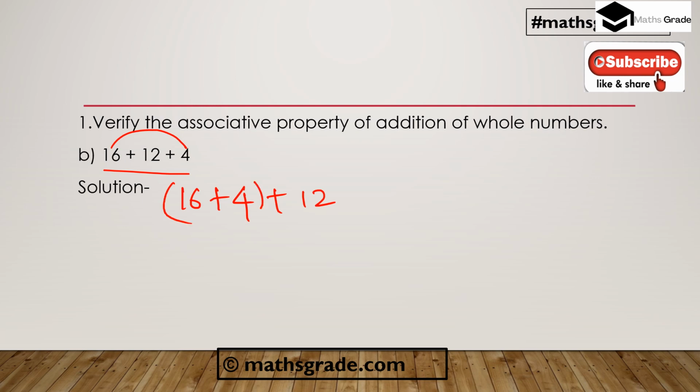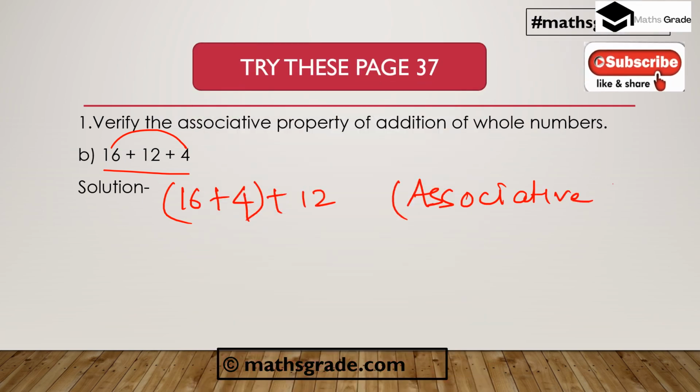Now 16 plus 4, this is the associative property of addition of whole numbers. Now 16 plus 4 is 20, 20 plus 12 is 32, and 32 is the answer. So 16 plus 12 plus 4 is 32.